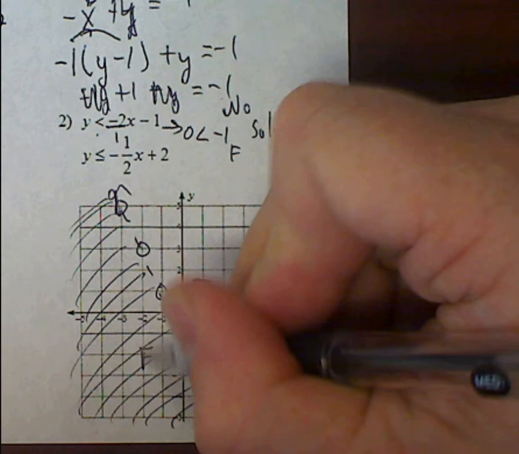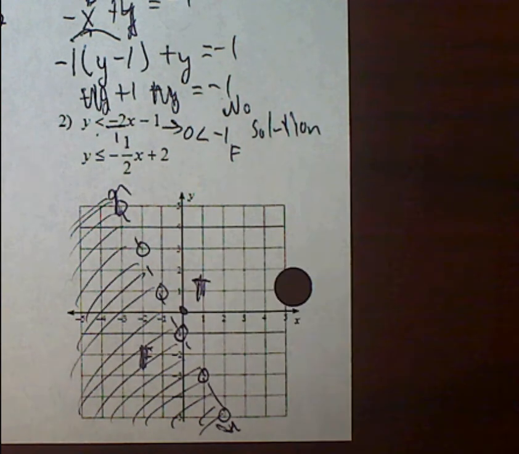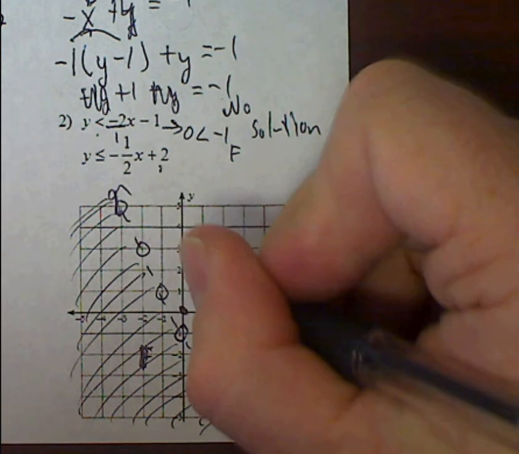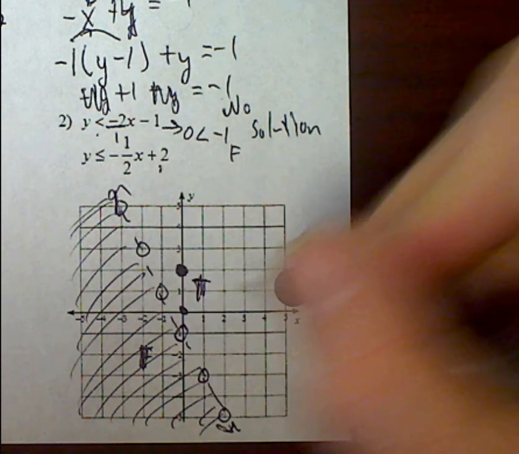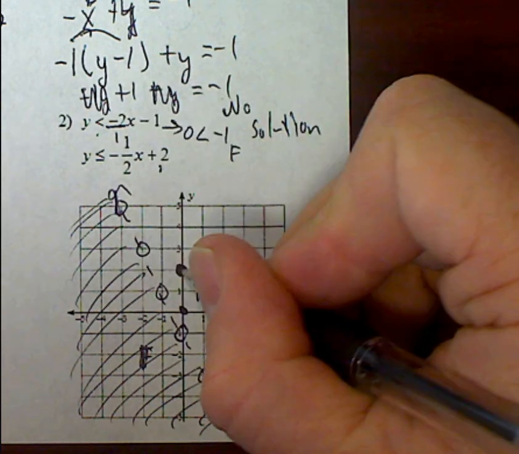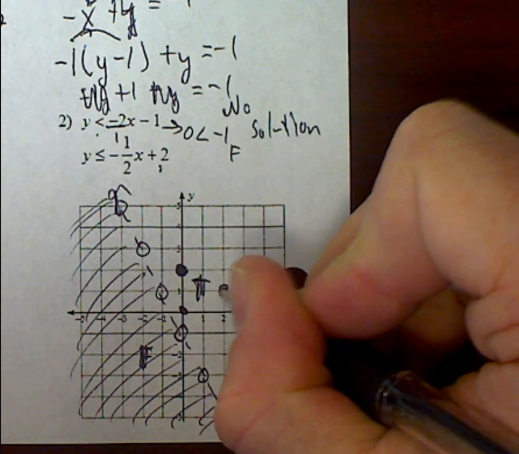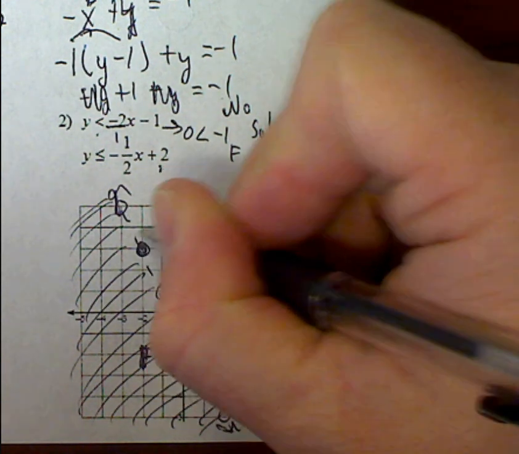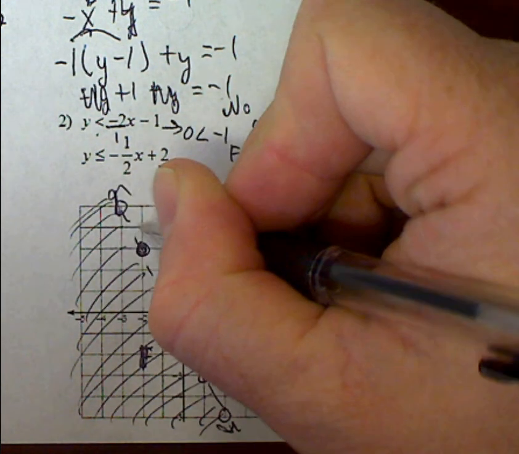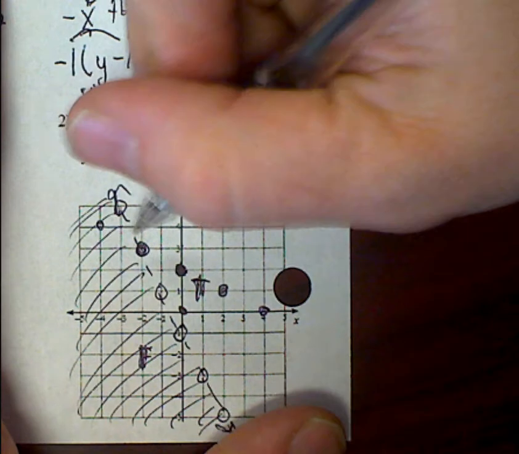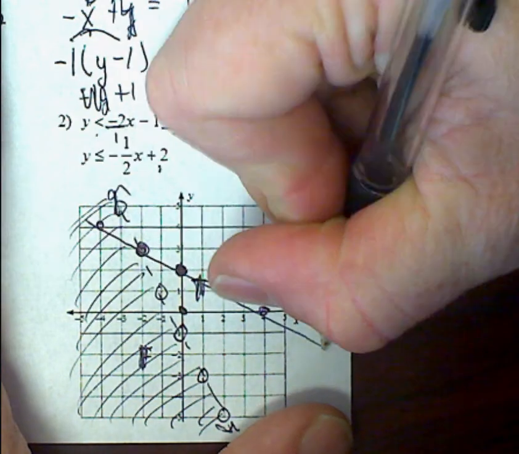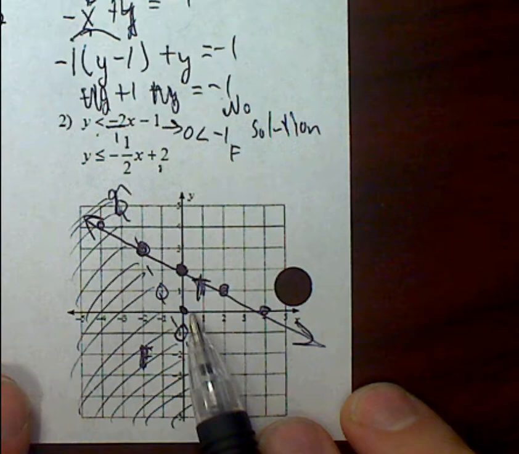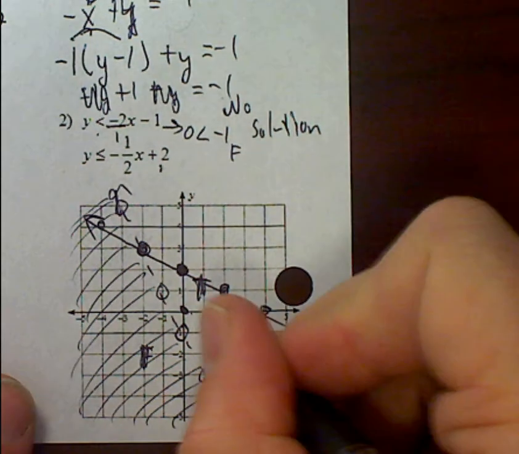Okay? I'm done using these. Now let me start here. I start at 2. I'm going to go down 1, right 2, down 1, right 2. I could go up 1, left 2, up 1, left 2. This one is a solid line. My dot is here. This side becomes my true side.